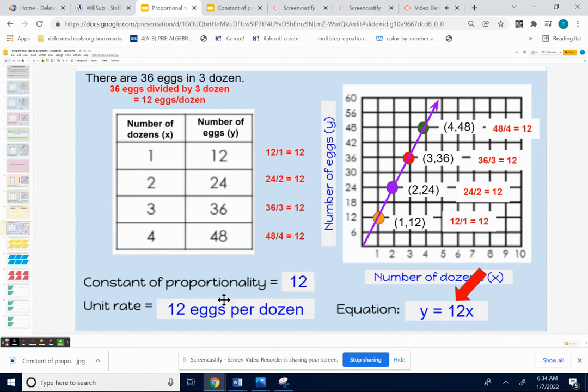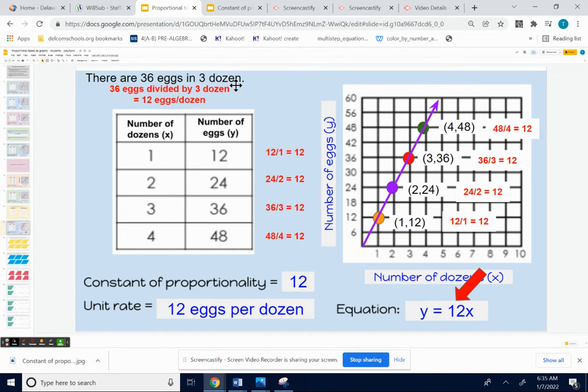Keep in mind the unit rate is the constant of proportionality with labels attached, but really they're the same thing. The unit rate just has labels. So here's an example of a proportional relationship: 36 eggs and 3 dozen.